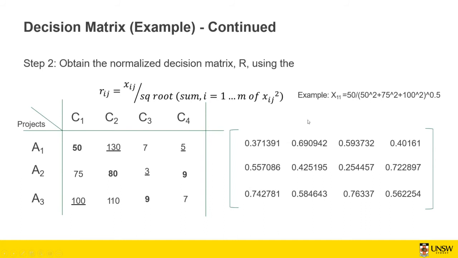For the rest, you do the same. For 130, you put 130 and divide it using the same methodology for all numbers in this column: 130 squared plus 80 squared plus 110 squared, take the square root of all of that, and then divide 130 by that value. If you do all these equations, then you get this matrix.